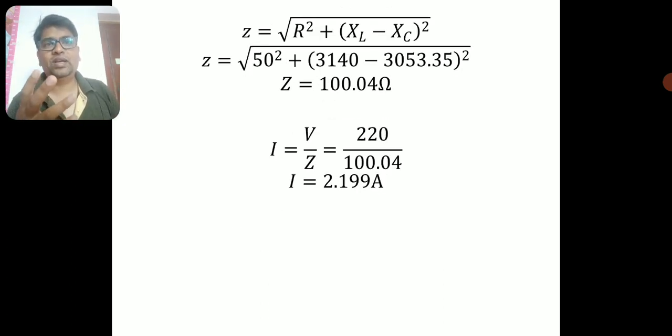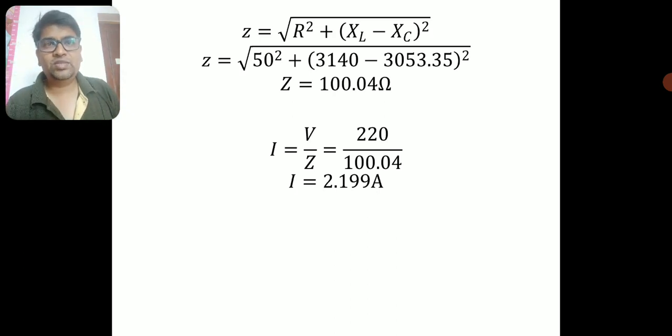One more thing I need to calculate here is the impedance. Here the impedance I am doing not at the resonant frequency. I am doing the impedance at the given frequency, which is 50 Hz. 50 Hz is not the resonant frequency. So for the impedance, you need to take the complete formula, which is the square root of R square plus (XL minus Xc) whole square.